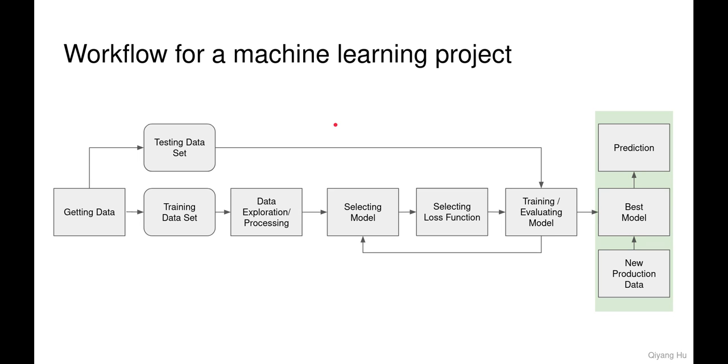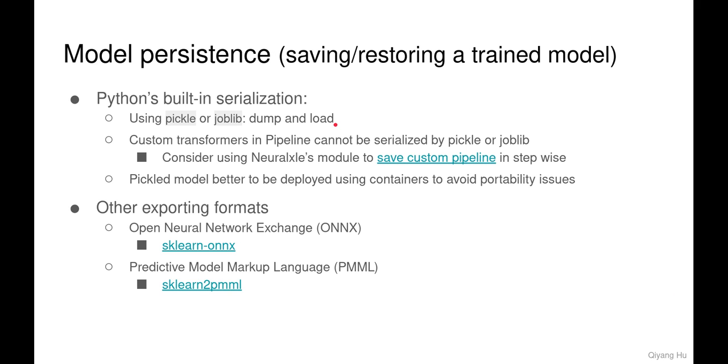The last step of our machine learning project workflow related to Scikit-Learn is the problem of model persistency. In other words, how can we save and restore a trained model for our project?